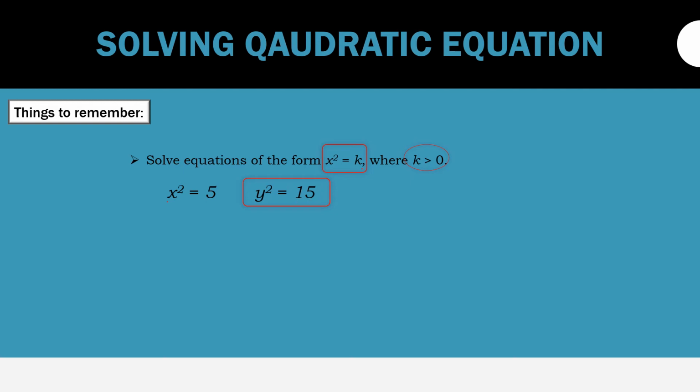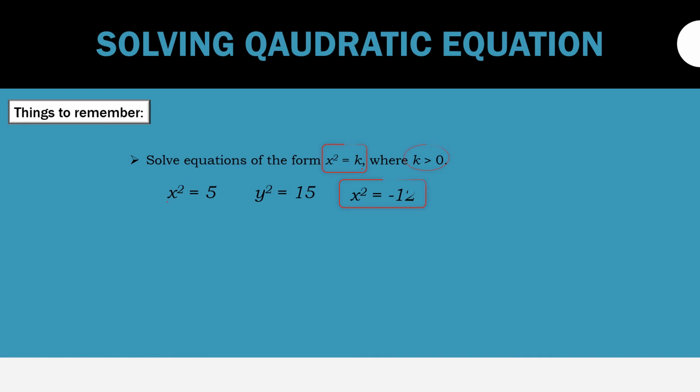Okay? So, another one. x squared is equal to negative 12. Is it the same form? Yes, right? It is the same form: x squared is equal to a number, x squared is equal to negative 12. Okay? So the question here, class, is whether your k is greater than 0.